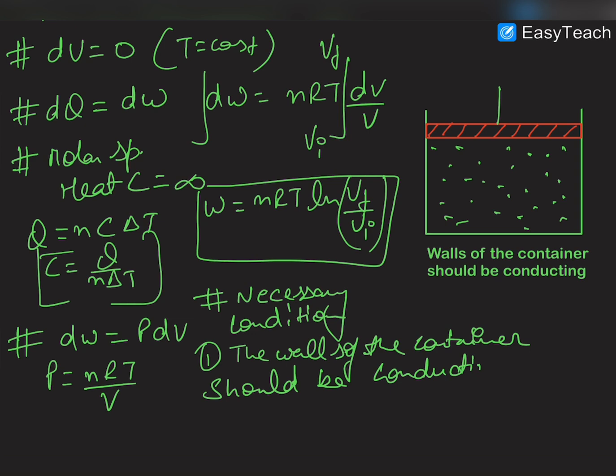Now let us imagine a situation in which we suddenly compress the gas. Then the temperature will increase for some time, and after releasing the heat, the temperature could attain its initial value. But in that case, this process would not be isothermal, because in an isothermal process the temperature must remain constant throughout the process.